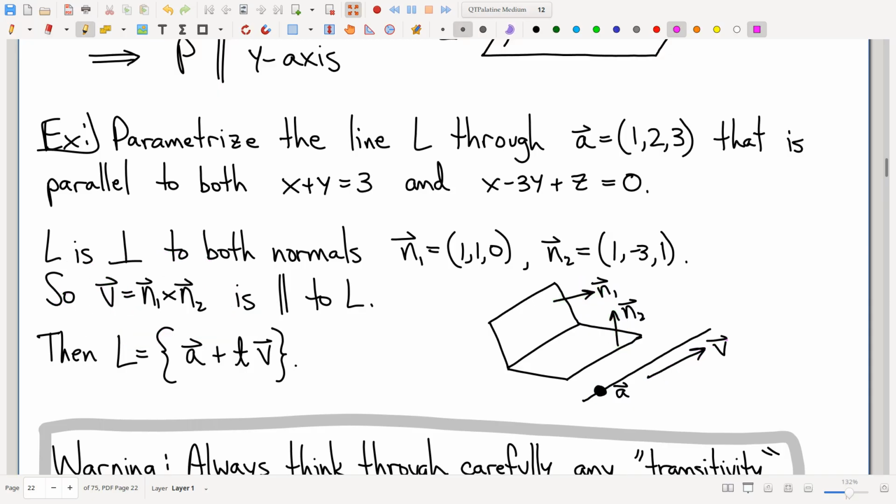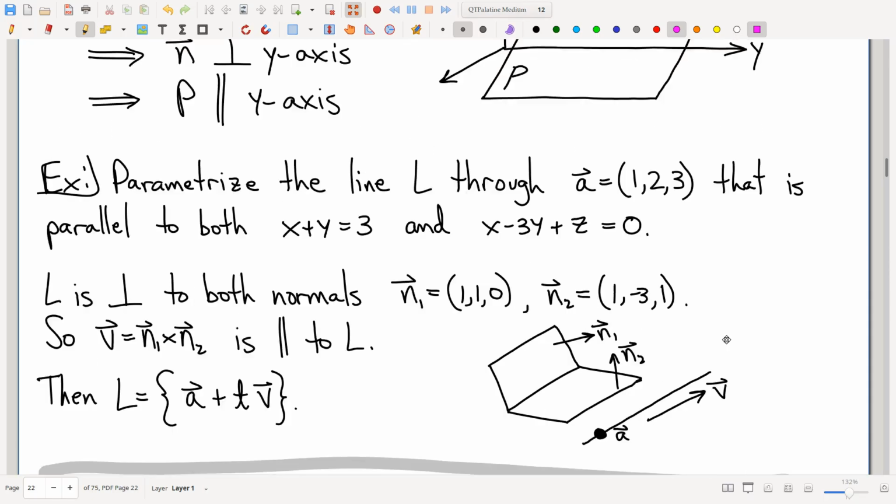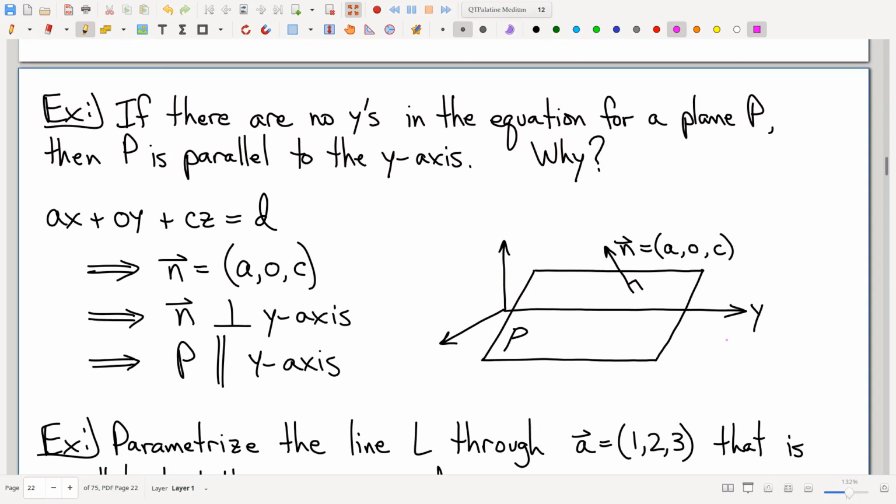I do want to give you all a warning about something. Before I scroll down to that section, let me point out something that these two examples have in common. This first example, I used the fact that this is perpendicular to that, and the fact that that was perpendicular to this, right? Sort of by transitivity, is what I like to call a transitivity argument.